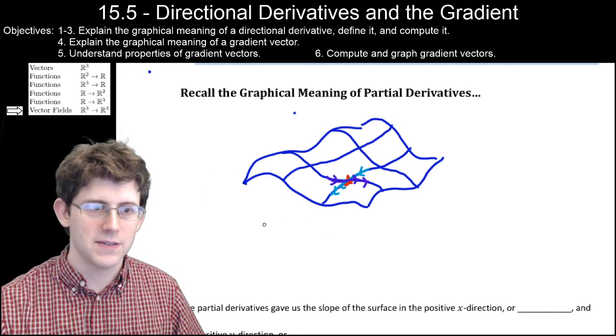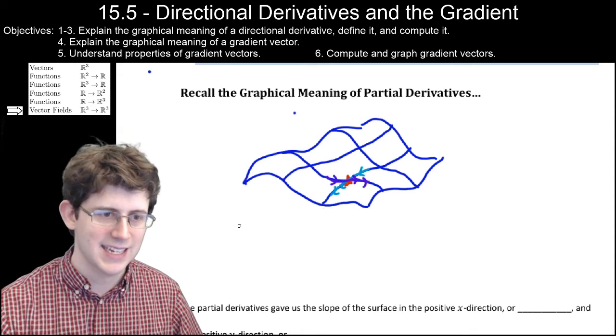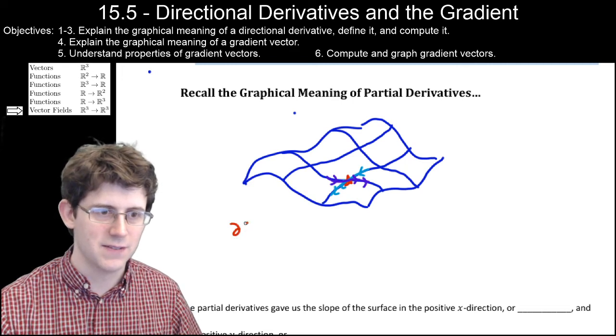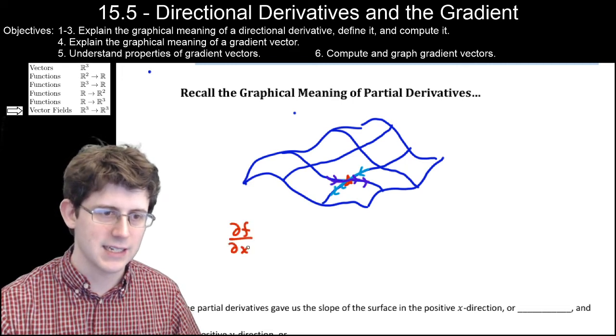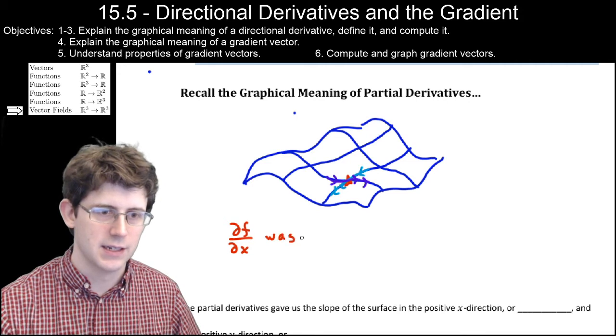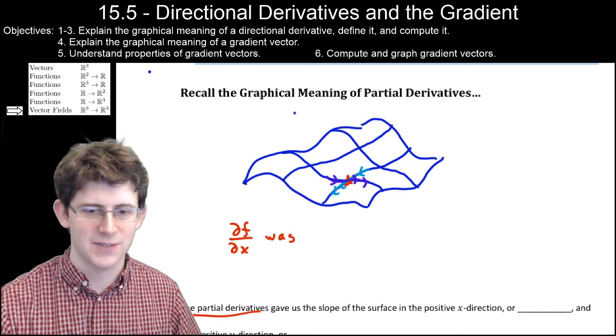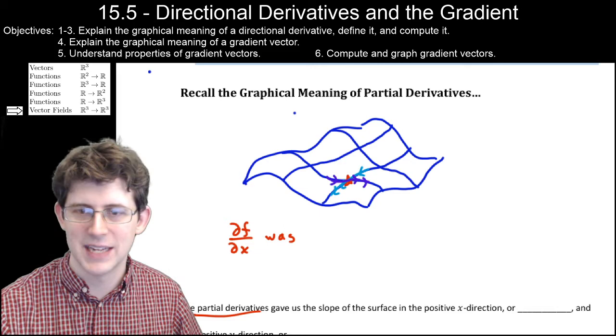So the partial derivative, let's write something down. The partial derivative of a function with respect to x was the slope of the surface in the positive x direction.